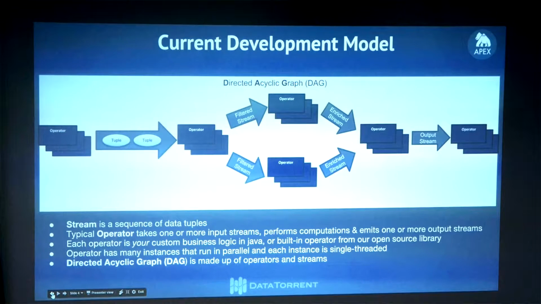This is the current development model we have right now. Each Apex application is a DAG, a directed acyclic graph. The vertex of the graph is what we call the operator. Operator is the interface in the Apex library. Each operator is a compute unit that we can distribute to different nodes to run.